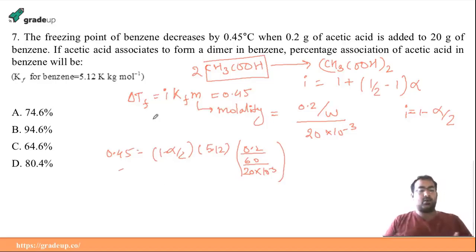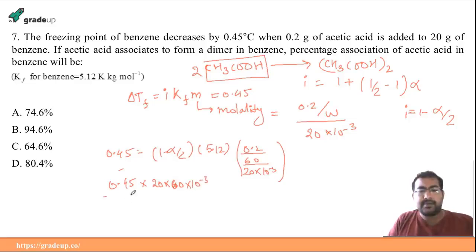When you solve this whole equation, let's solve it, it's fairly easy. So it's 0.45 into 20 into 60 into 10 to the power minus 3 divided by 0.2 into 5.12 is equal to 1 minus alpha by 2.